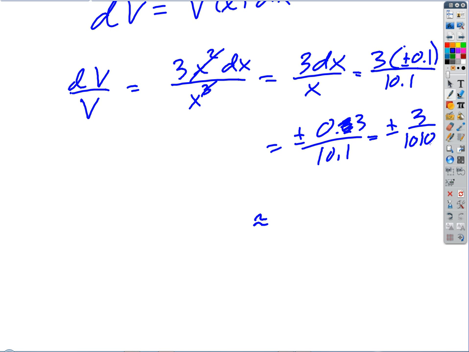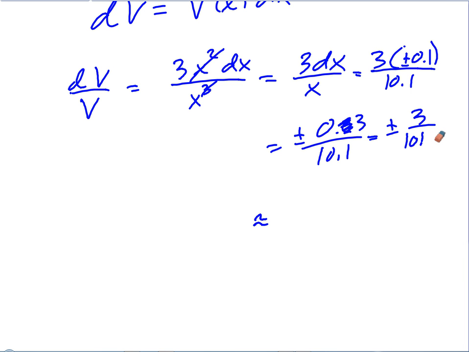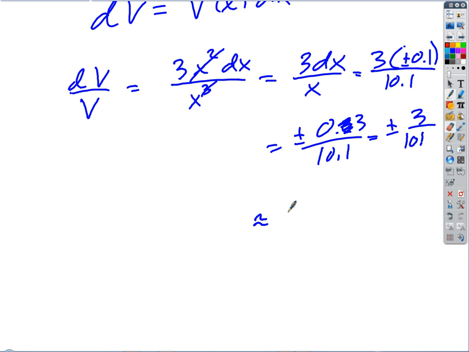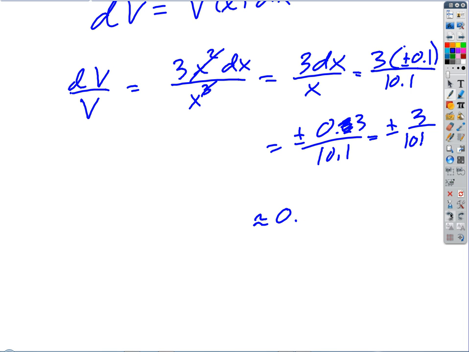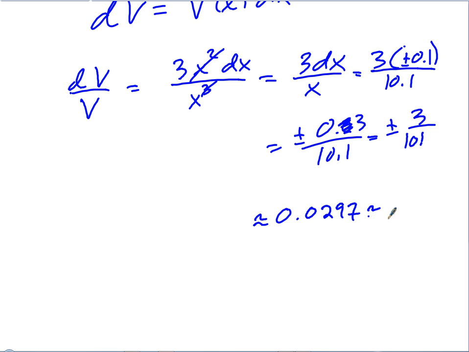So that's just about 3, isn't it? 0.0297 if I go out to 3 places. So that's roughly equal then to what percent? Plus or minus 2.97%, right?